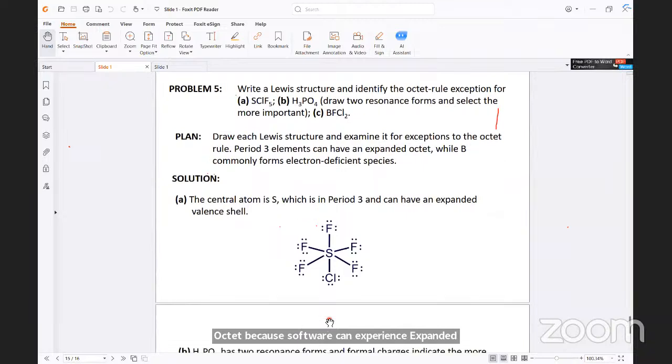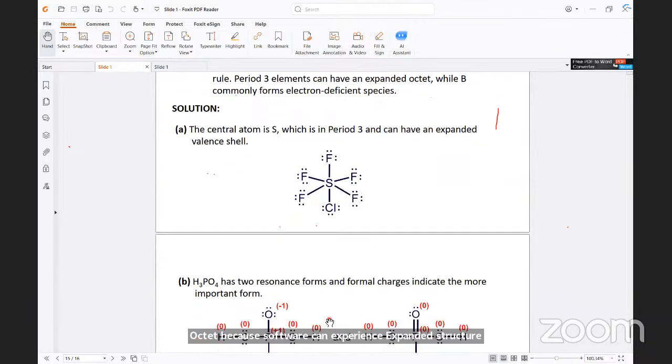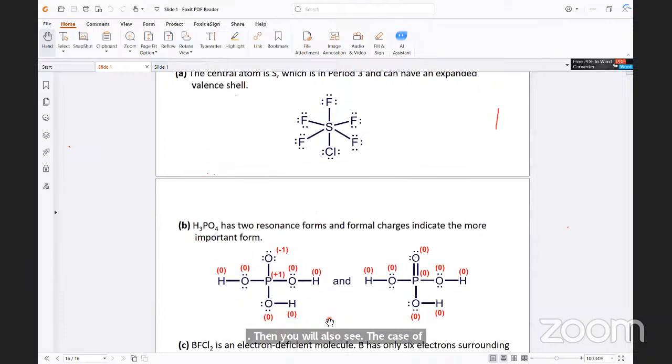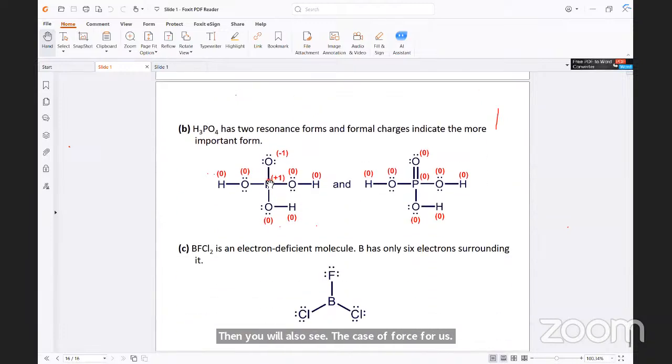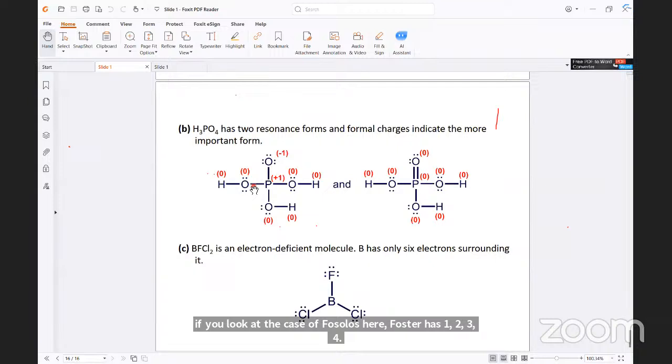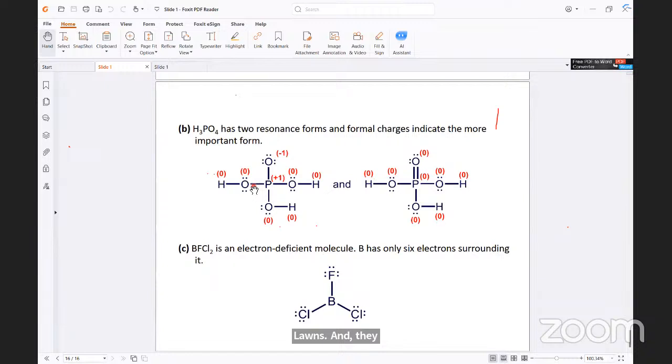Then you will also see the case of phosphorus here. If you look at phosphorus here, it has 1, 2, 3, 4 bonds, and phosphorus can resonate into that form, and you have 1, 2, 3, 4, 5, making a total of 10 electrons in the valence shell, and 10 electrons violates the octet rule.